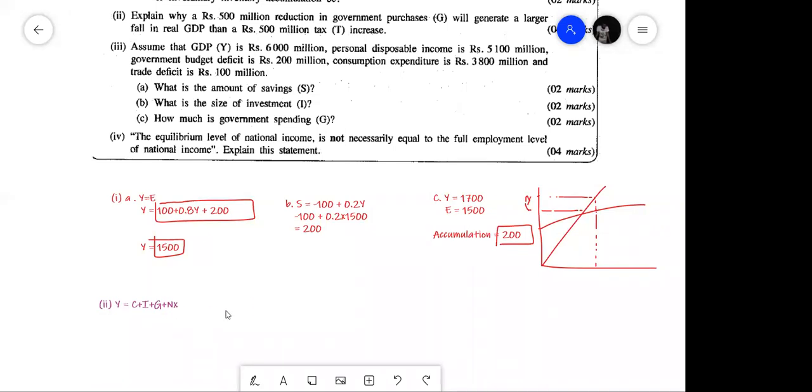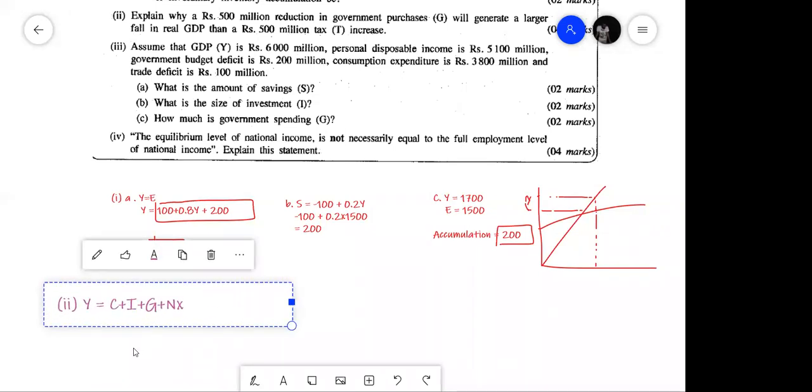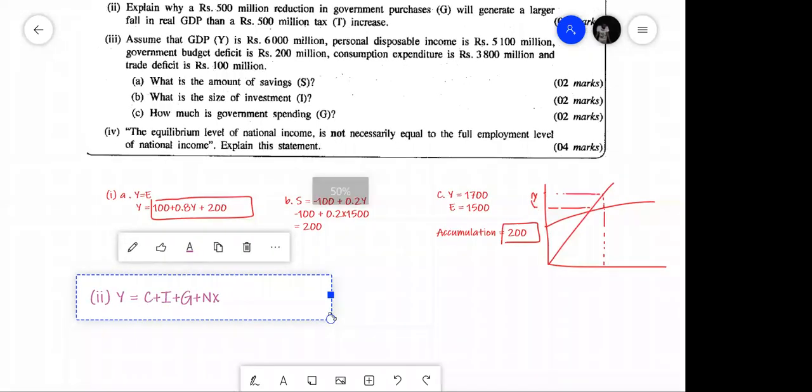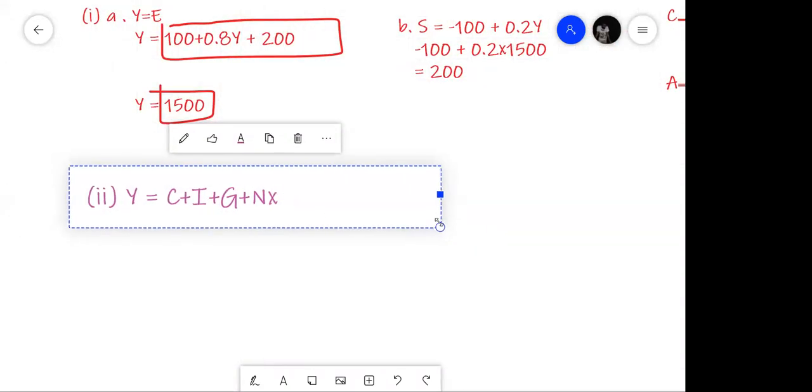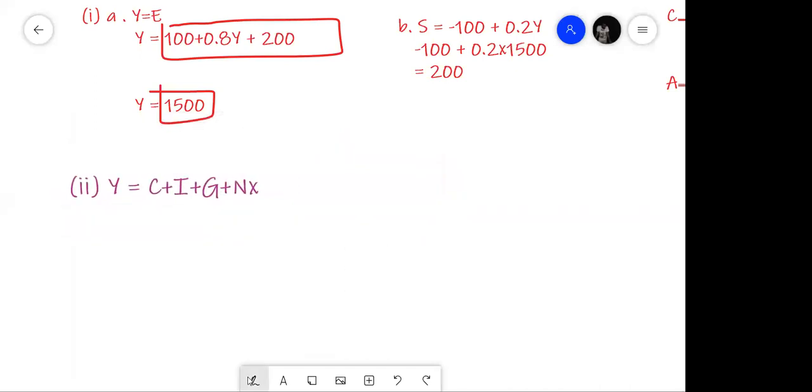So when you reduce government purchase, listen very carefully, right? When you go and reduce government purchase, okay? So they're asking why a reduction in government purchase causes a bigger fall than an increase in tax.